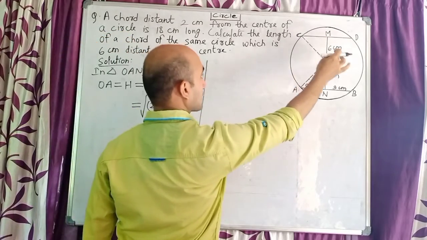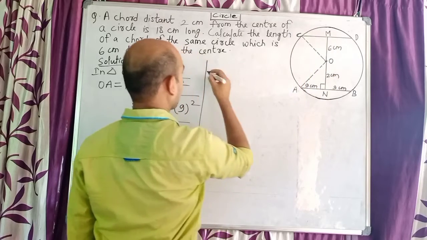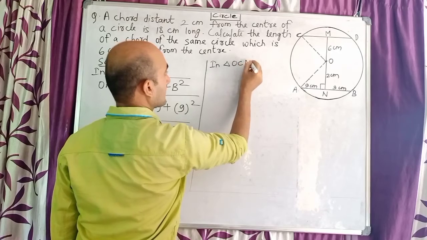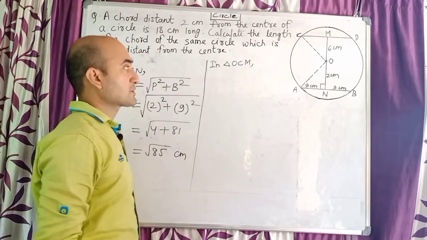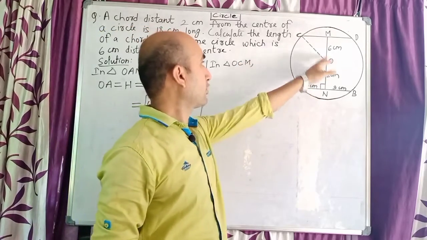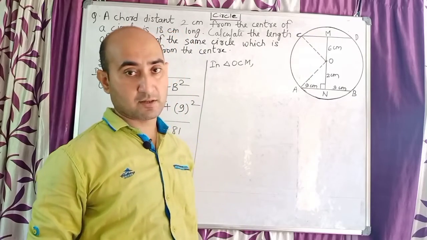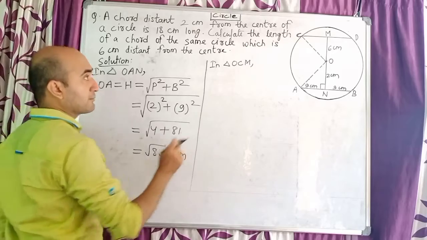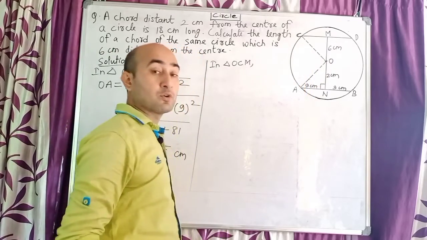Now we will take the second figure. The second figure is OCM. In triangle OCM, one thing I want to say, children, OA and OC is the radius of the same circle, and if OA is root 85, OC also will be root 85.